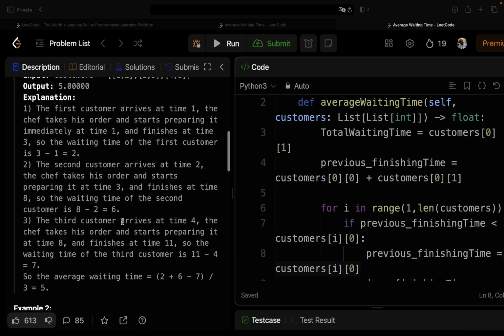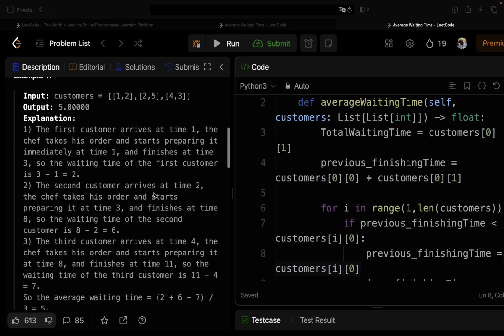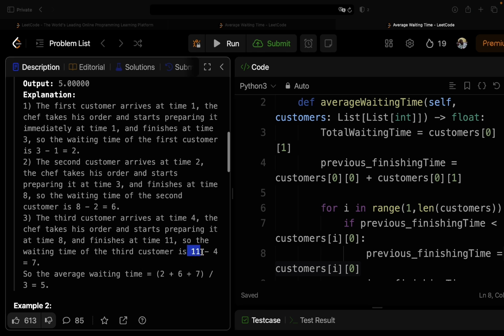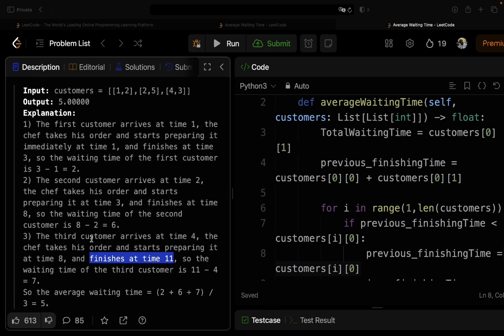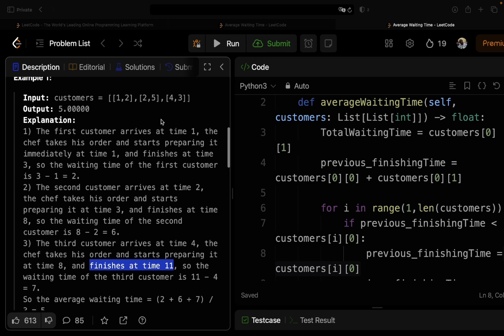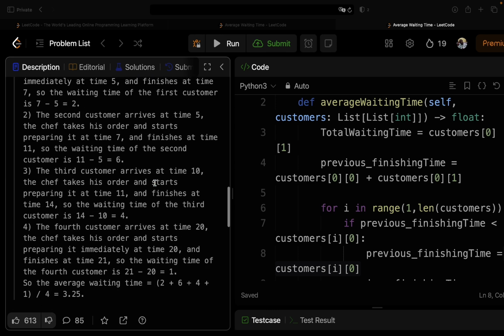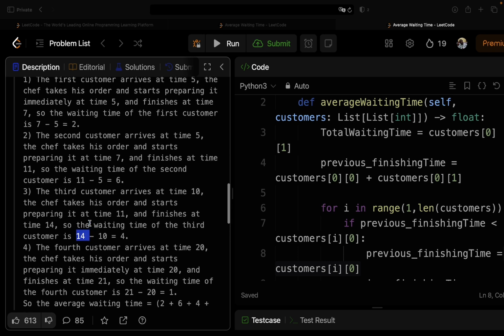For example, we have up to this part, the third one. The finishing time here is 11, right? Then if you go to the next customer, the finishing time is 14, right?